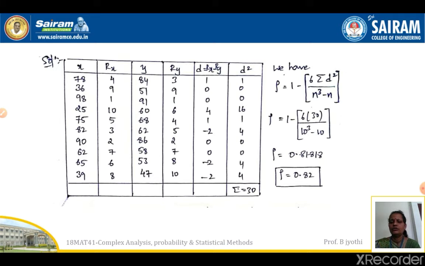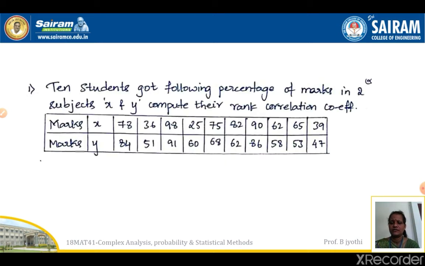Now let us tabulate it by taking the column heads as X, rank, Y, rank, and D, Rx minus Ry, and then D square. How is it computed?